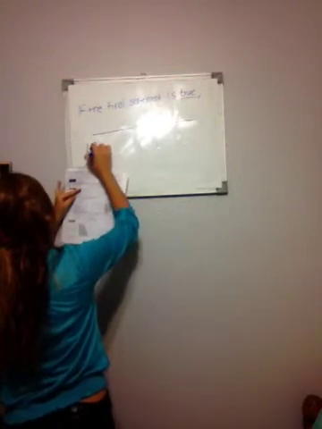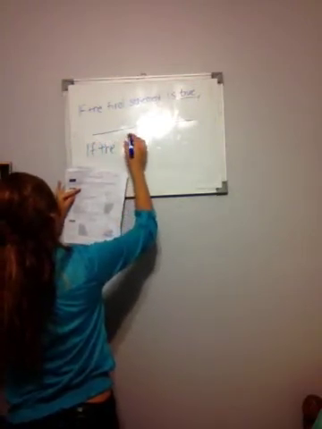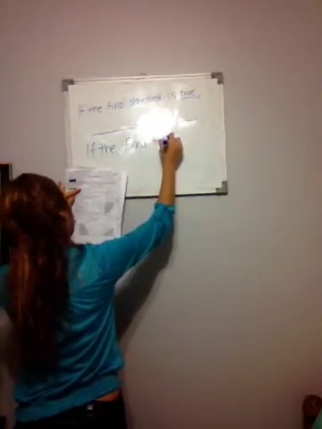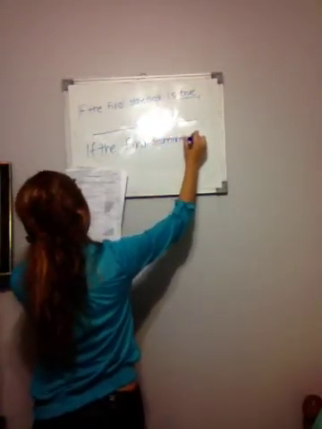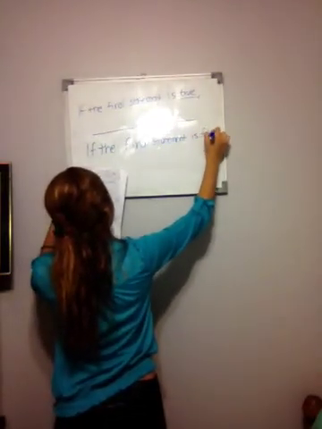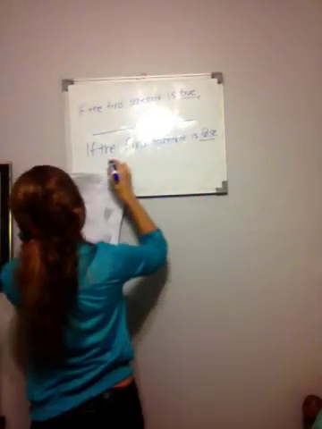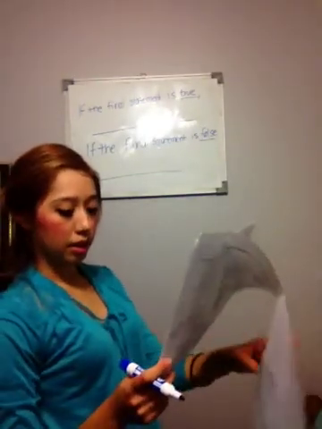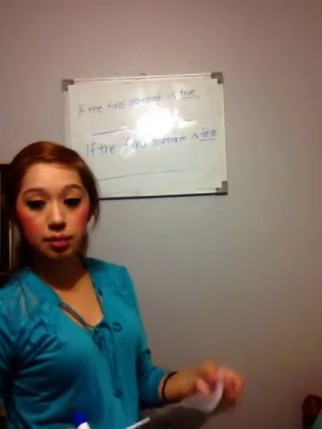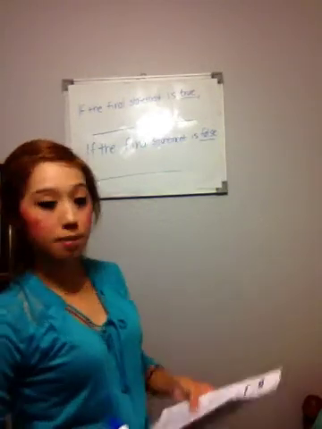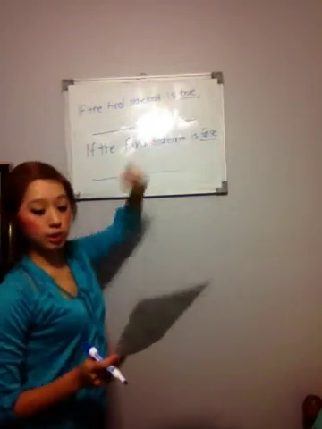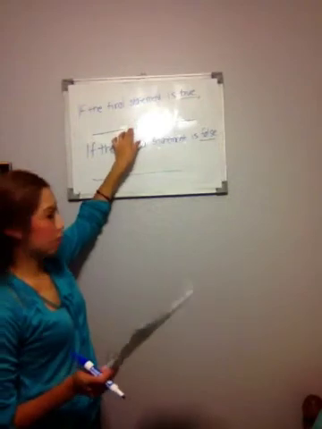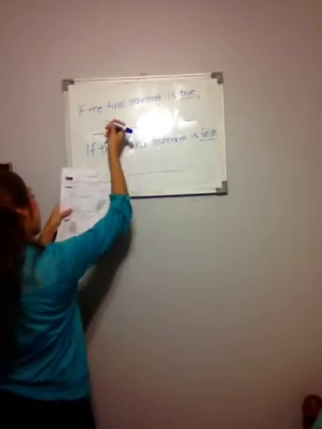And if the final statement is false, you must blank. So, if you test the point 0, 0 and the final statement is true, you must shade the side with the test point. Go ahead and write this down.